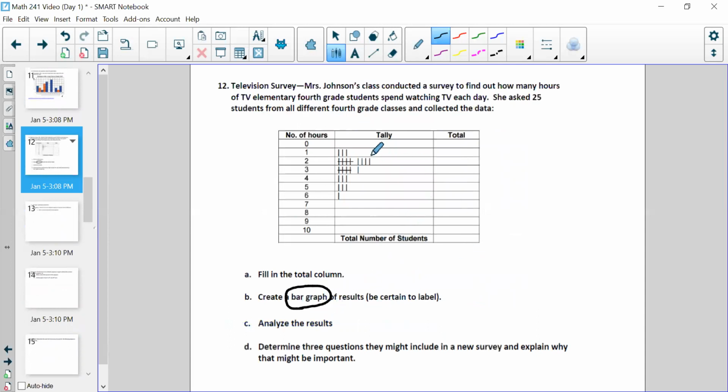And so, what you would look at is in this case, it's a survey, and she asked 25 students, and so that total number of students would be 25.